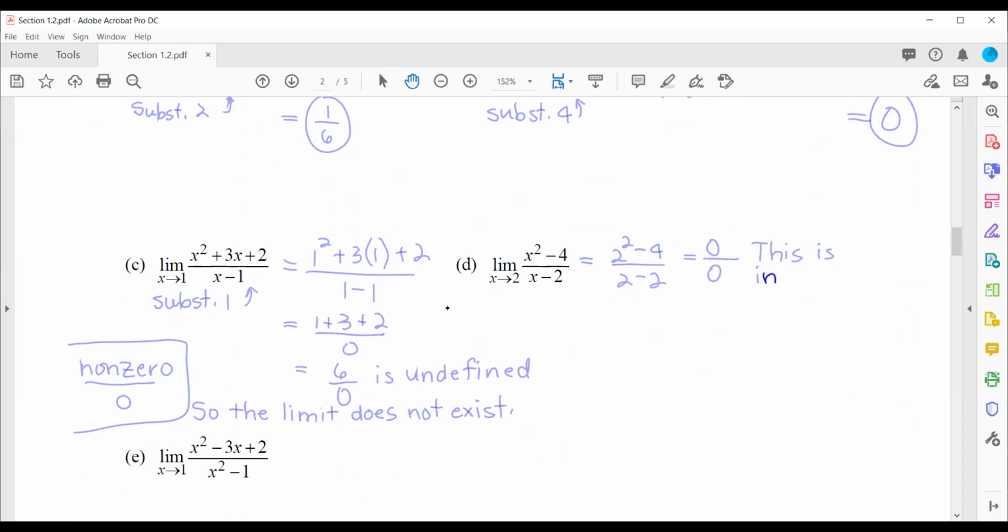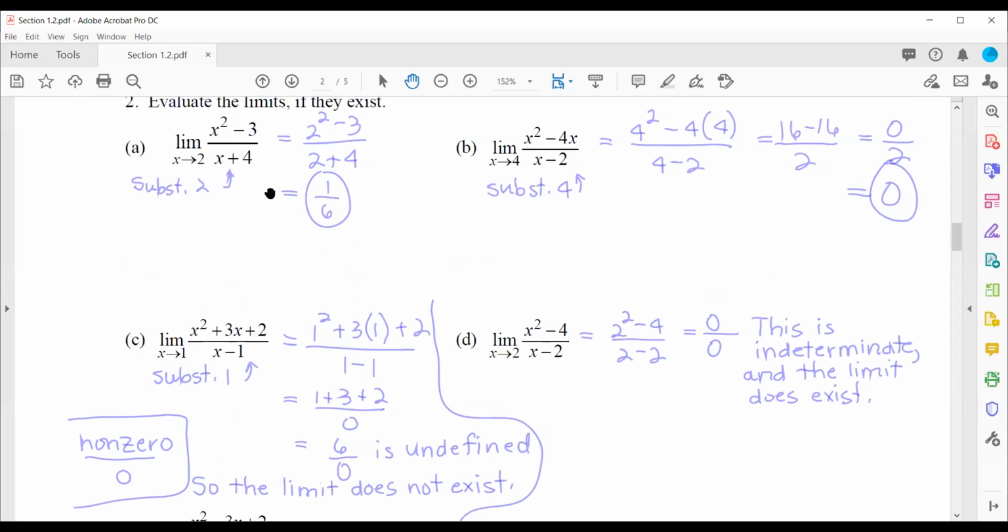It's that new concept, indeterminate, which just means right now we can't tell what it is, but it does mean that the limit exists. The limit does exist. So how do we find it? We got to do a little work.